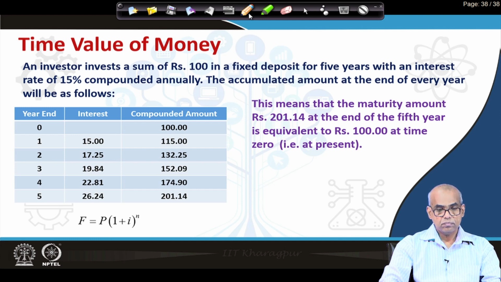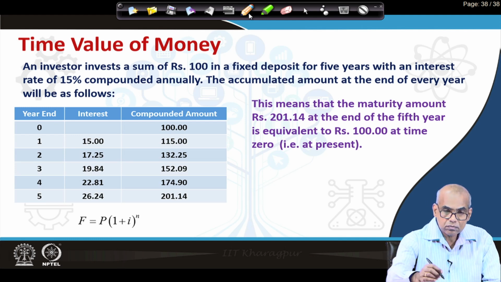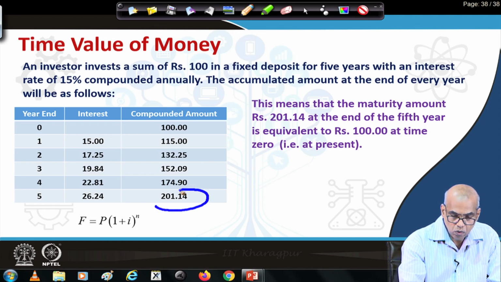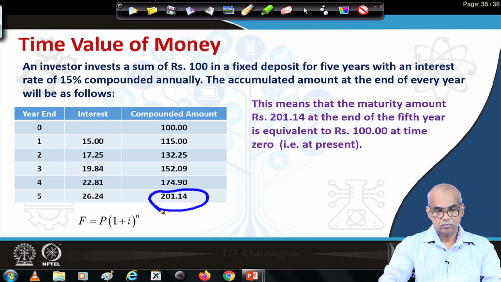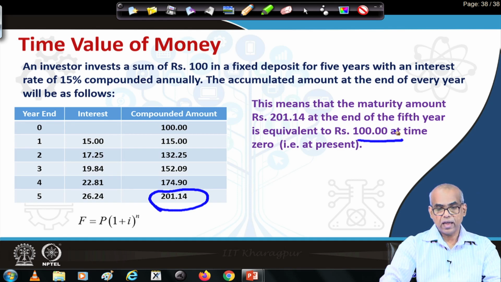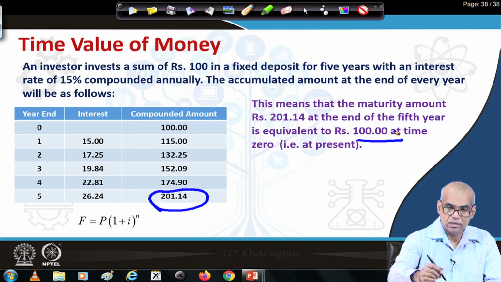You earn $201.14. That is, the maturity amount of rupees 201.14 at the end of the 5th year is equivalent to rupees 100 at time 0, that is, the present.